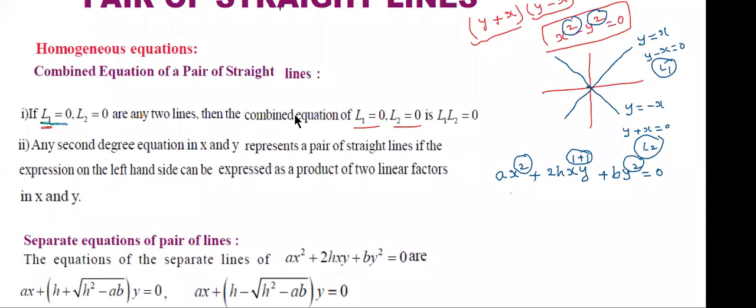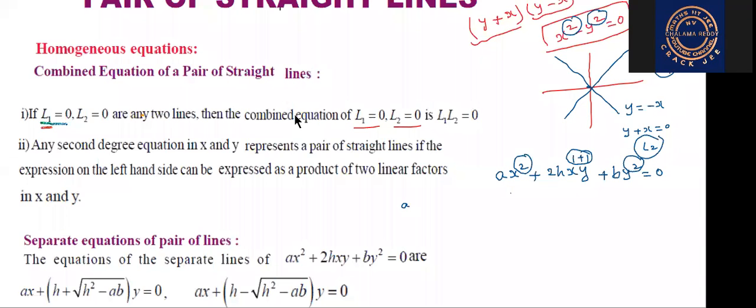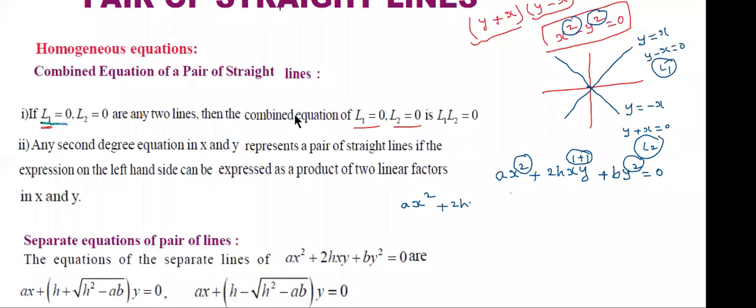Non-homogeneous. The non-homogeneous equation is not passing through the origin. The general form is ax square plus 2hxy plus by square plus 2gx plus 2fy plus c is equal to 0. This is a pair of straight lines, that too a non-homogeneous equation.